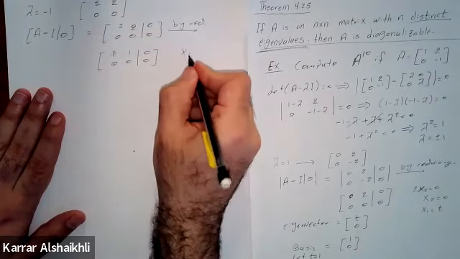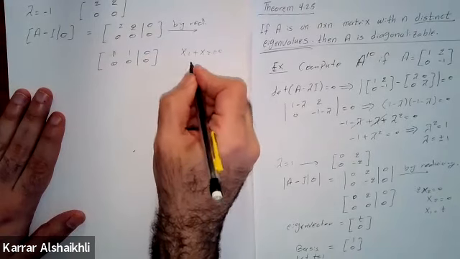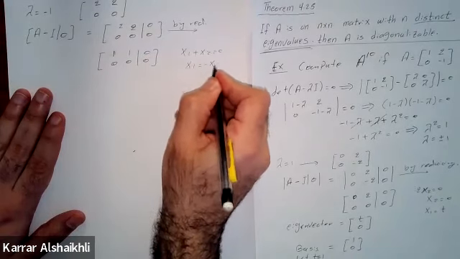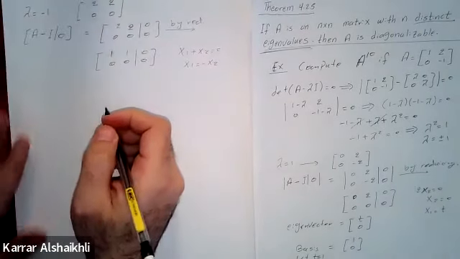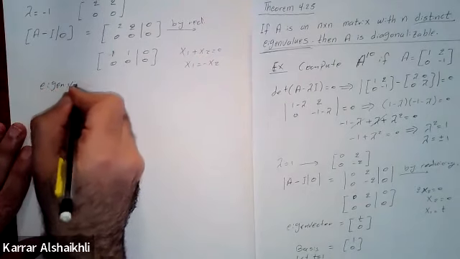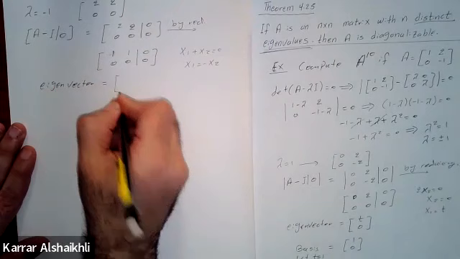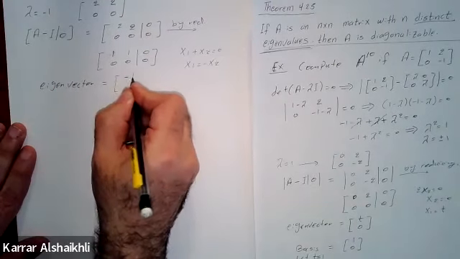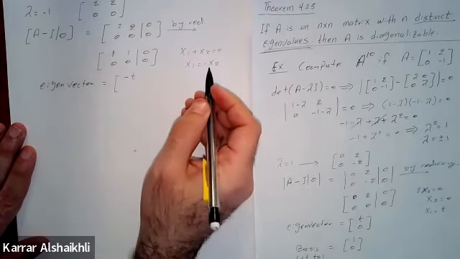That means x1 plus x2 is going to be 0, so x1 is going to be negative x2. Let x2 equal t. So the eigenvector is going to be negative t and t, since x1 is negative x2.